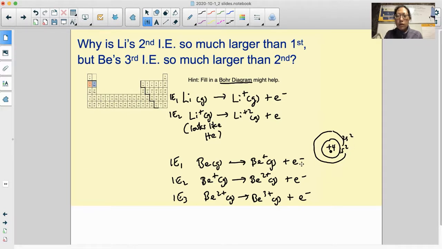So the first one, we're removing that, and we're changing into something with a +4 nucleus, 1s2, and I'll try to draw this a tiny bit smaller, 2s1. Remember, beryllium had 2 valence electrons, and now these are the core, the 1s. Let me use a different color here. Our core will make red.